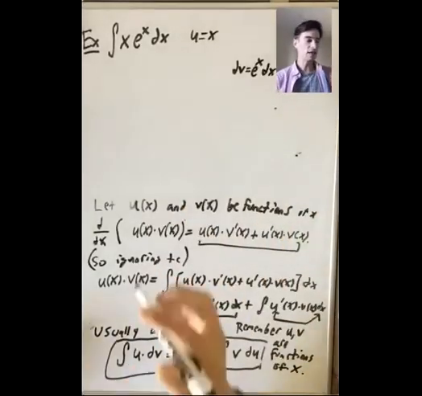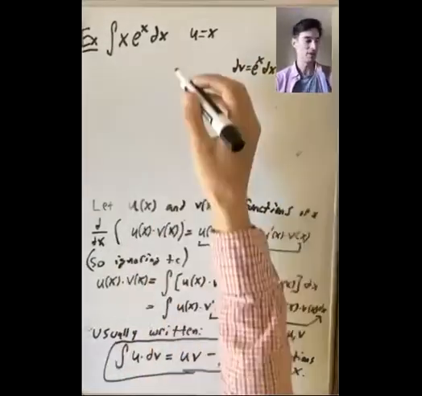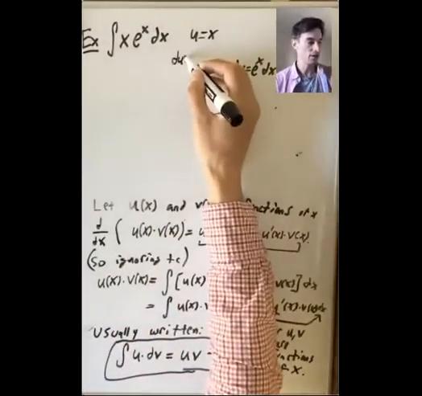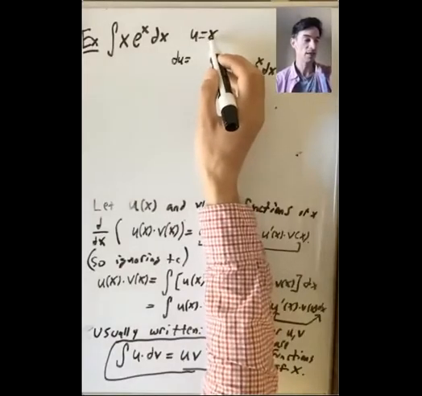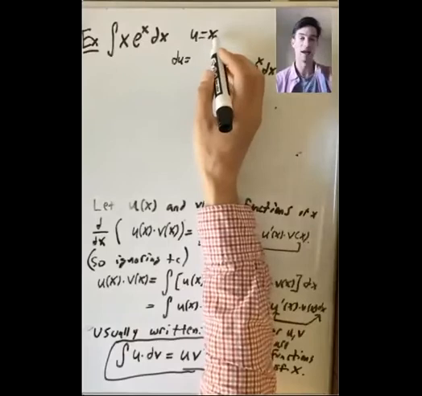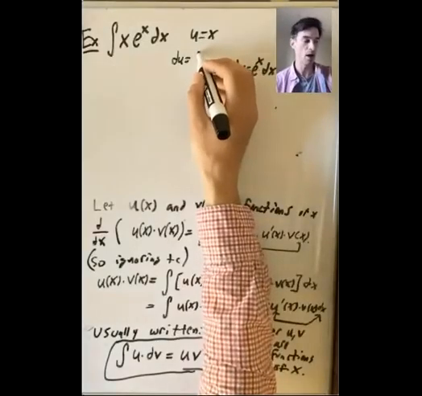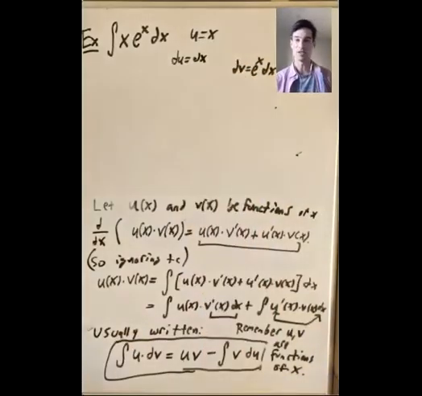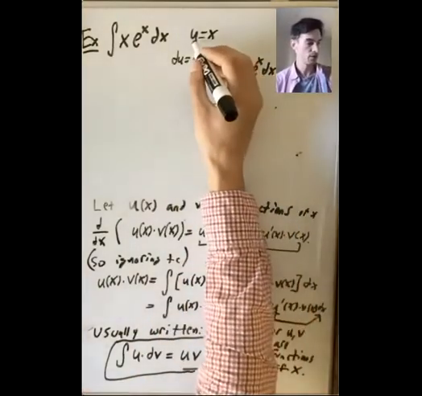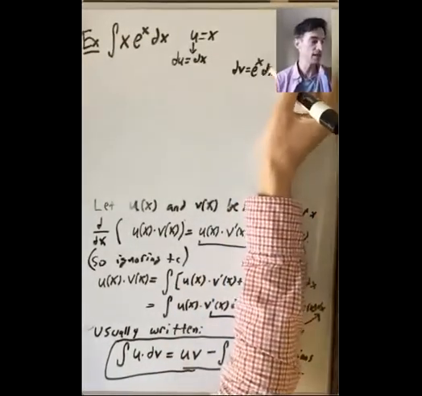So if u is x, then just like when we were doing u substitution, du is defined to be the derivative of u with respect to x, du dx, times dx. So the derivative of x with respect to x is just 1. So du is just dx. So you start with u equals something that tells you what du is. dv is e to the x dx.